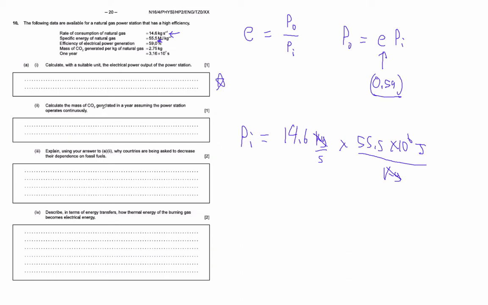Okay, calculate the mass generated in a year. Well, if you burn 14.6 kilograms per second, and there are 3.16 times 10 to the 7th seconds in a year, we could have figured that out, but they gave it to us, right?